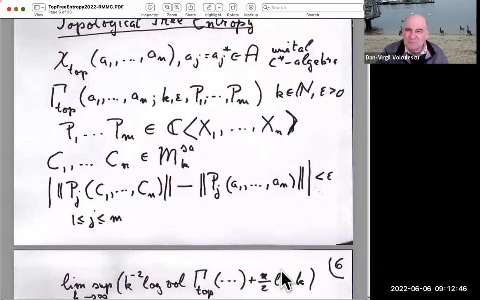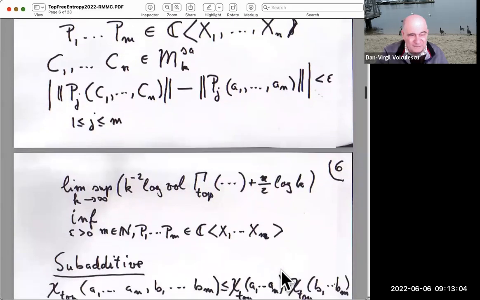So it's absolutely an imitation, but the microstates are now with respect to a norm approximation, not to approximation of the moments of the distribution. It's a norm distribution, if you want.